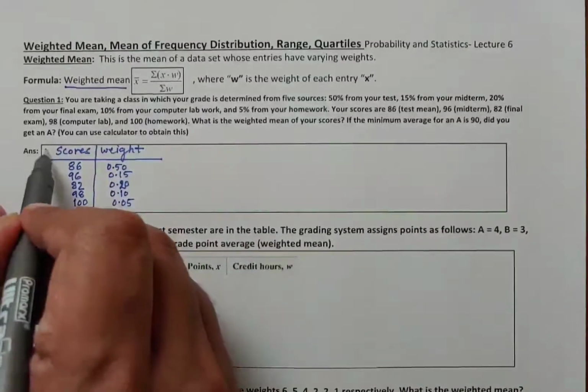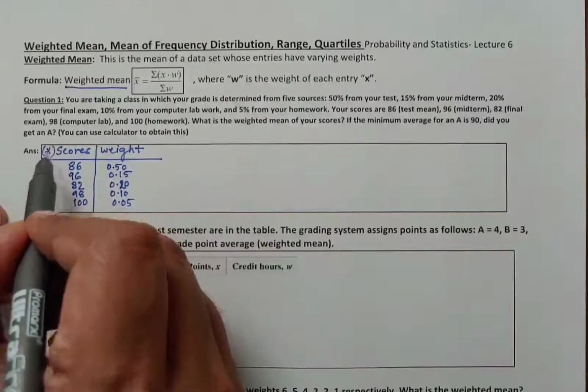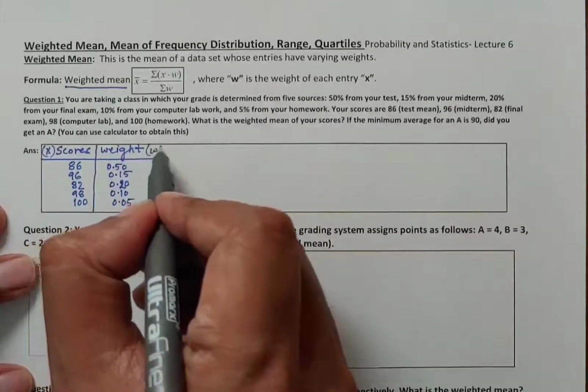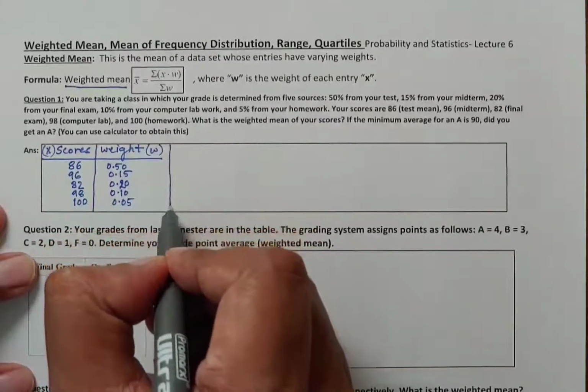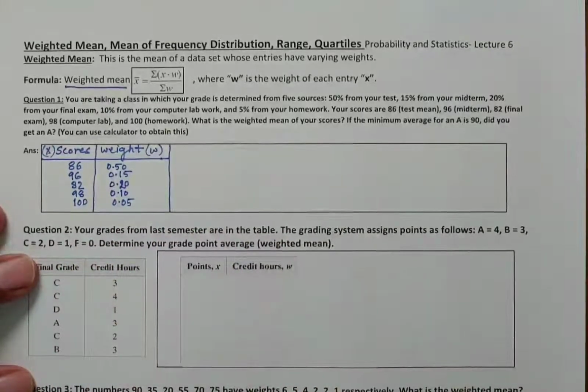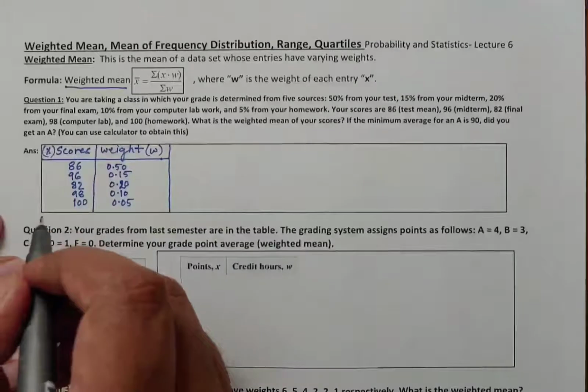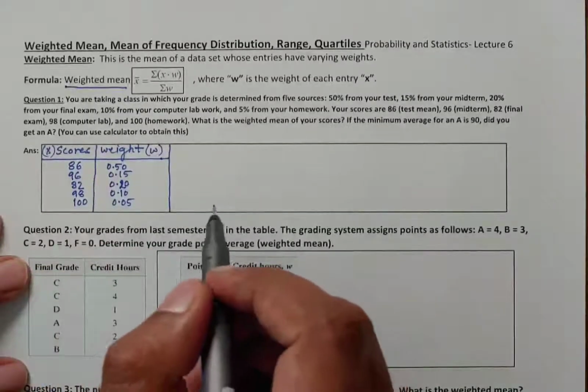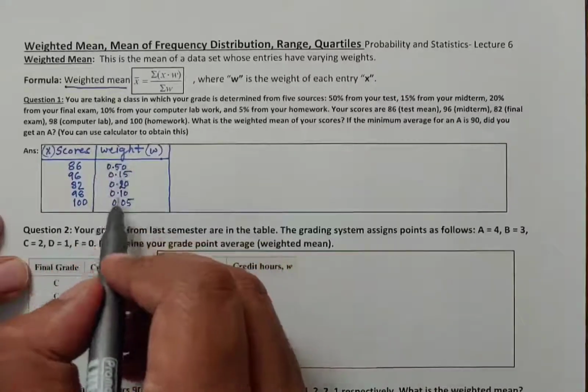So the scores are X and the weight is W. That's how we draw a table with all X and W, the score and the weight. Now what you do is add the total weight.